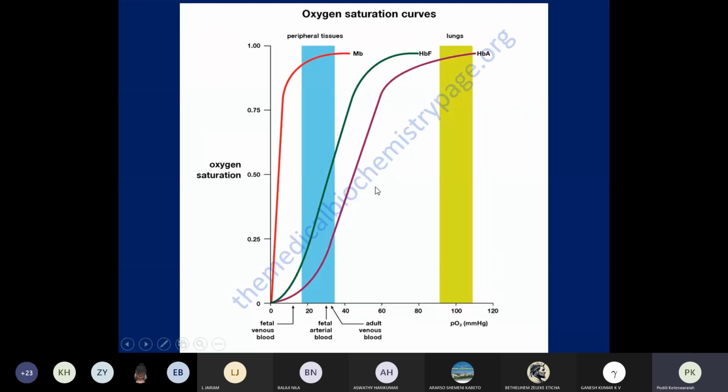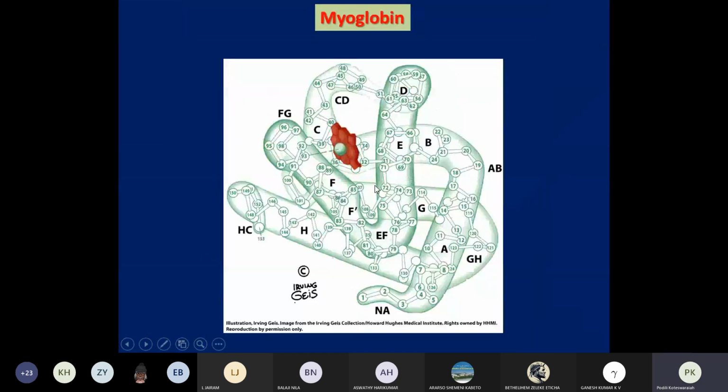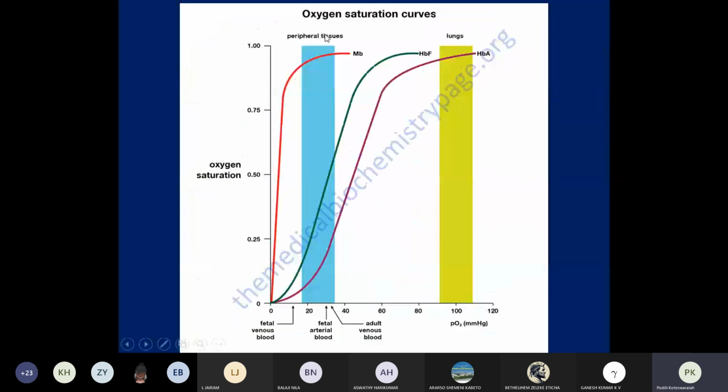From this also we can understand that myoglobin has a higher O2 affinity. Because it is hyperbolic, and when the curve moves towards the left, as I already said, the O2 affinity increases.